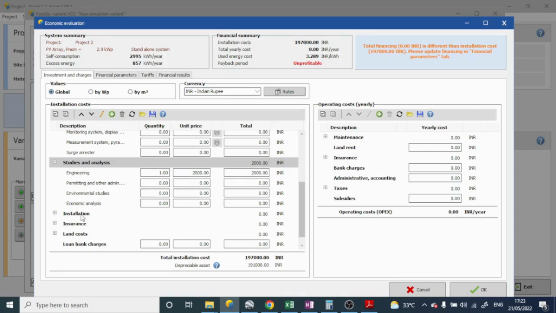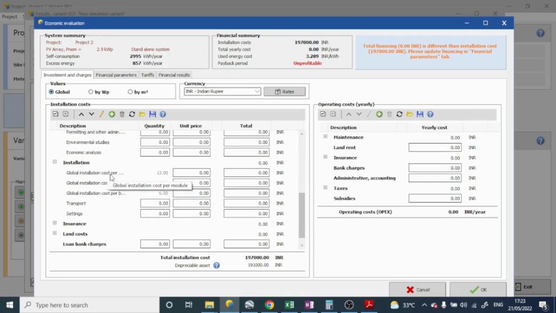Thereafter, installation cost will be there, like the global installation cost for the module, the global installation cost of the inverter, then the battery, transport, settings and all that. The installation cost for the 12 modules has been written here. We'll take the installation cost of one module as near about 100 rupees over here, or 2,200 rupees in total.